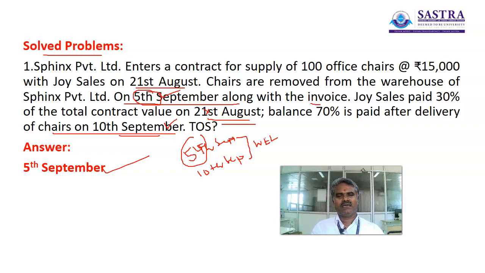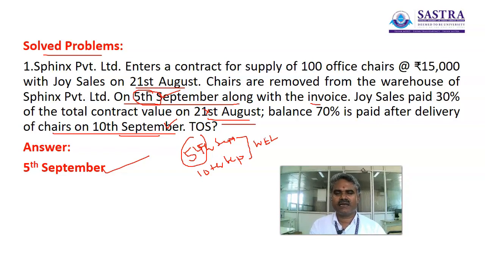The date of supply of shares is 25th August. But they have not prepared the invoice on the day itself. They prepared the invoice within 30 days. The last date for issue of the supply invoice as per Section 31 is 21st September, but they prepared it on 5th September, no problem.